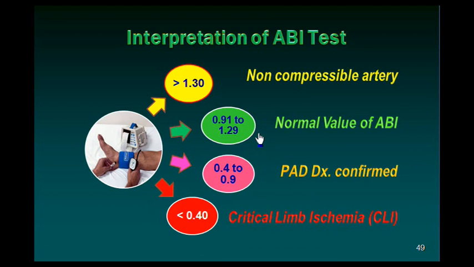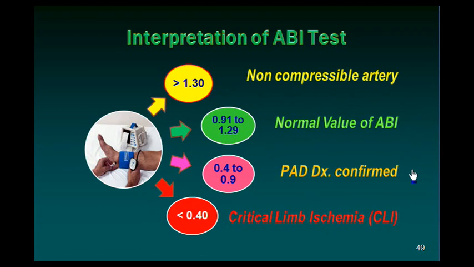Normally, the ABI will be anywhere between 0.9 and 1.29. Sometimes the ankle pressure will be more than the pressure in the brachial artery. In such a situation, the ABI value will be more than 1.3, and that signifies a non-compressible artery. So we are interested in finding out whether the patient has an ABI of more than 0.9 or less than 0.9.